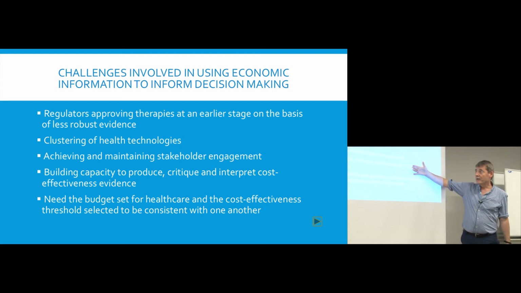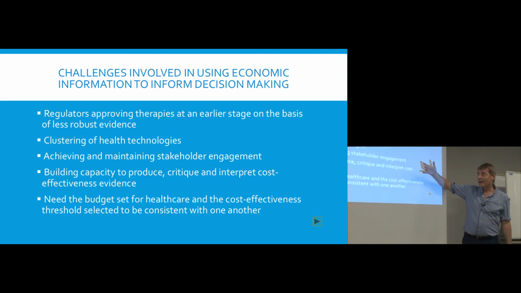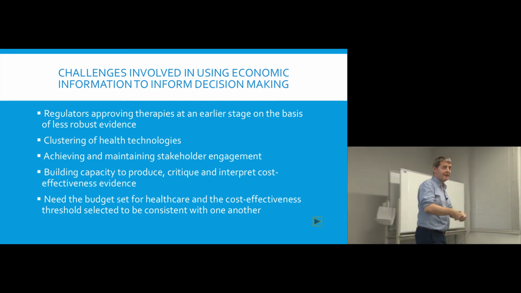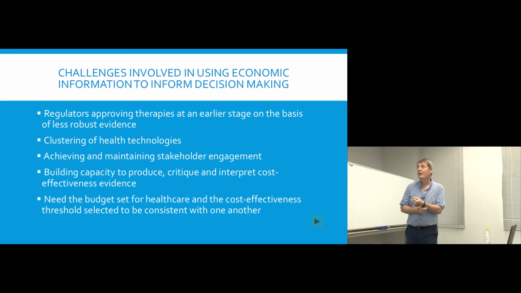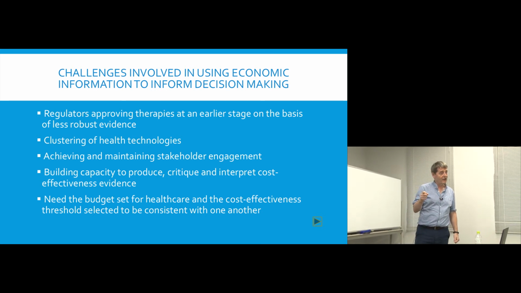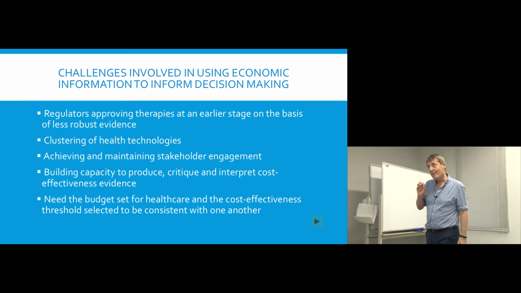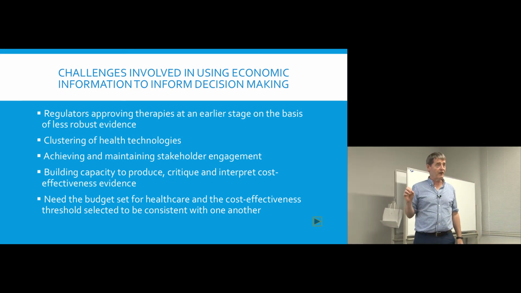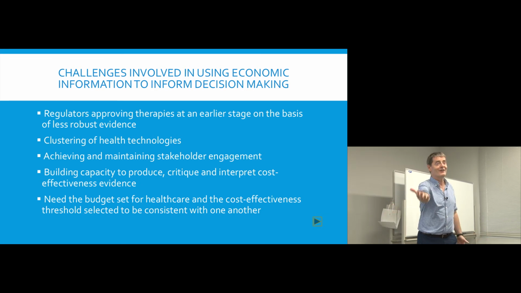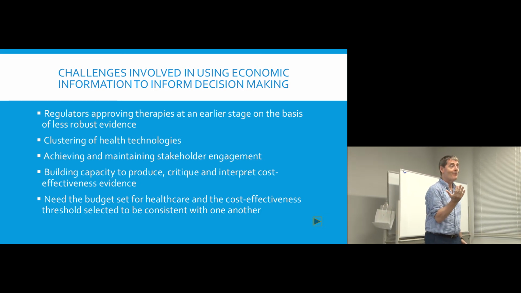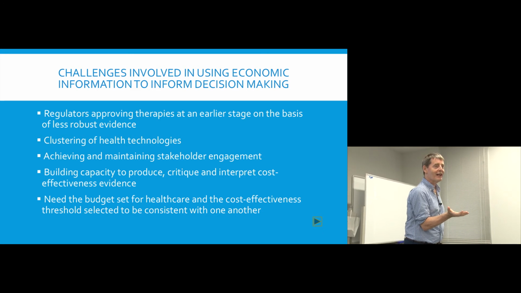Another challenge is introducing economic information to decision making. It requires a lot of capacity in the system. It requires capacity to produce economic evaluations. It requires capacity to critique economic evaluations. You have to critique them. You can't just take at face value somebody saying this is cost effective.